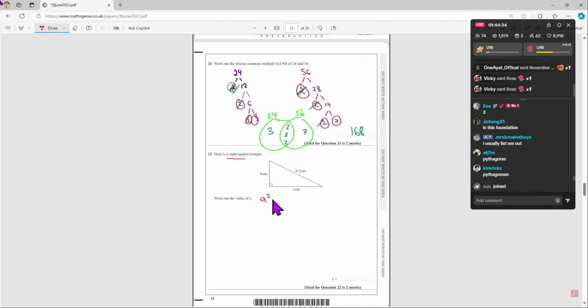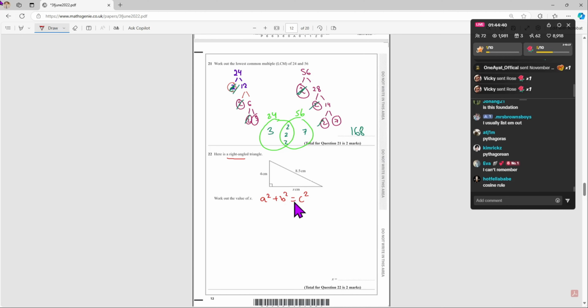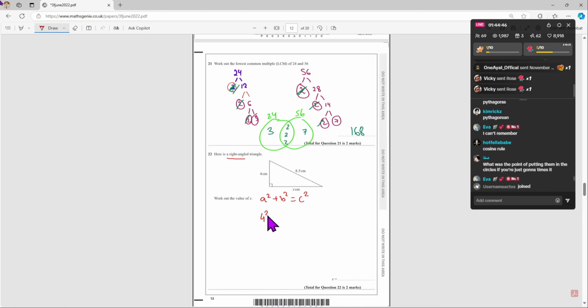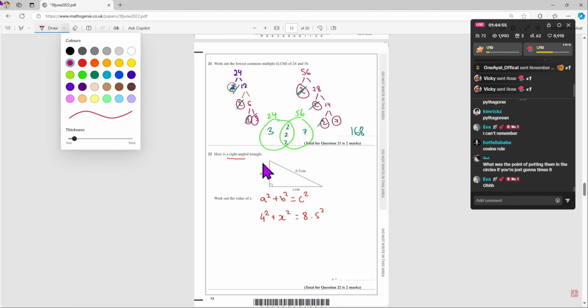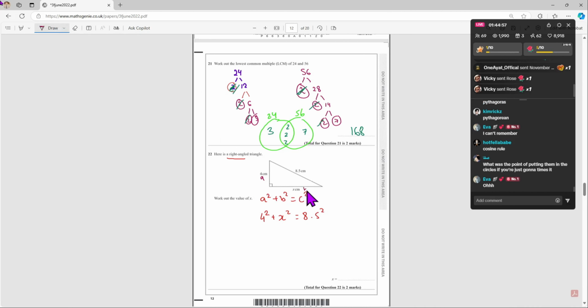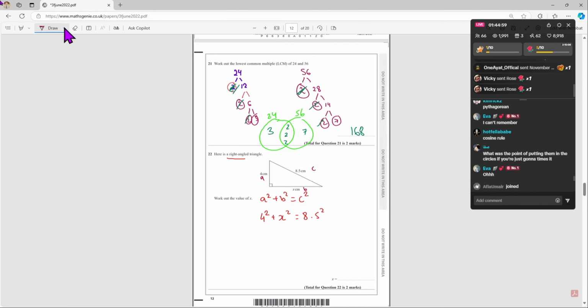It's a squared plus b squared is equal to c squared. So we need to work out basically our b value. So we have 4 squared plus x squared is equal to 8.5 squared, right? Because this is a, b, and our c value.